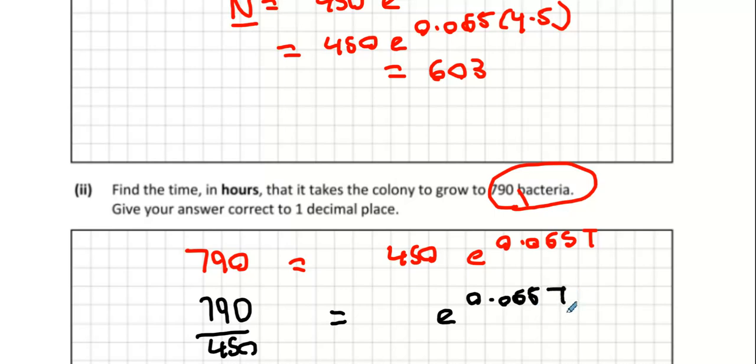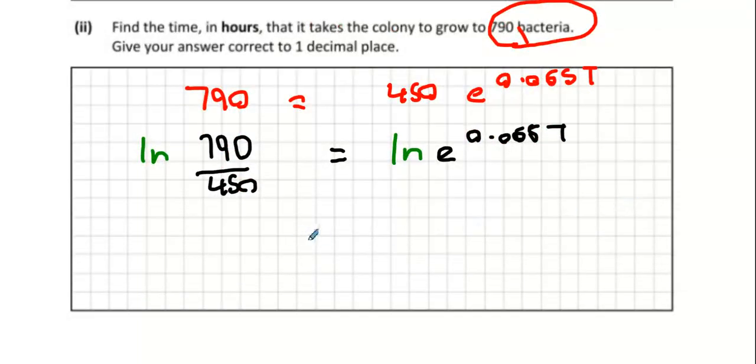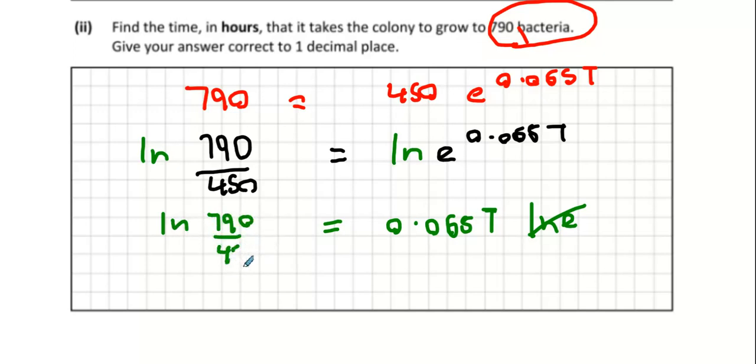Okay, what happens to both sides, lads? ln. And then what happens to the power? Where do you move it to? Front. And what's ln e? 1. And then bring that 0.065 downwards, divided by 0.065.